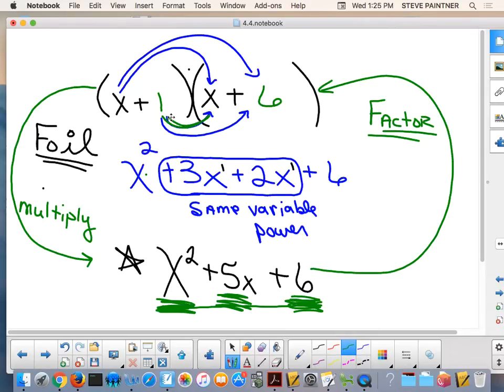That makes 7x. It doesn't work. Some people will put 1 and 6 on the quiz because 1 times 6 is 6, but it doesn't add up to 5. So when you factor trinomials into binomials, you think, what 2 numbers give me 6 when I multiply, but add up to the middle number.